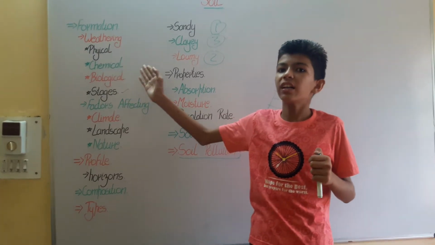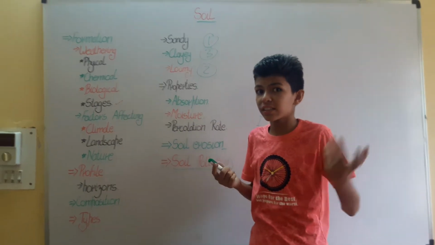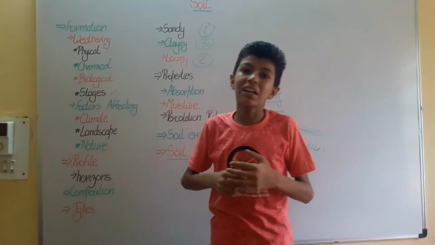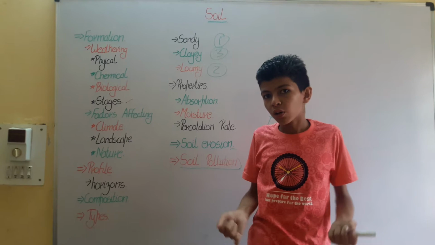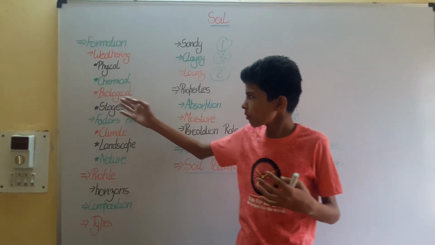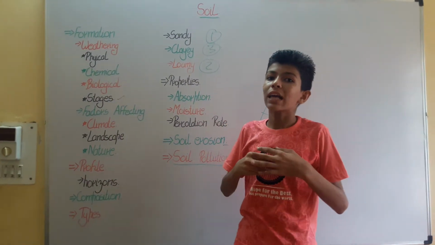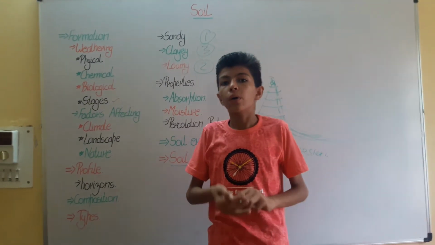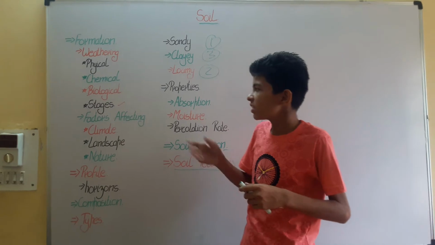In physical weathering, non-living things take part, like heat, cold, and frost action. In chemical weathering, chemical reactions break the rocks into fragments. Biological weathering is done by microorganisms living in the ground or soil, which hollow up the rocks.